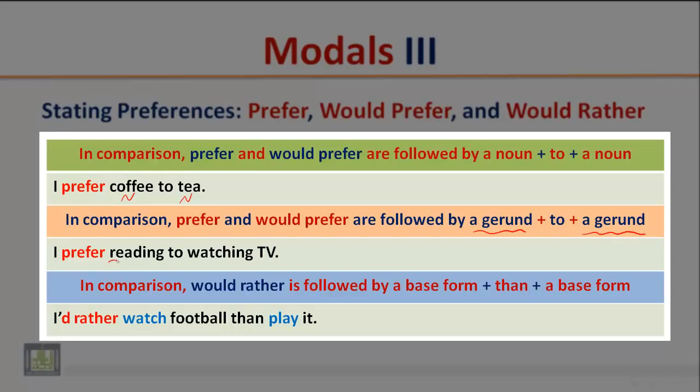I prefer reading to watching TV. Reading is a gerund and watching is also a gerund. Would rather is followed by a base form plus than plus a base form. I'd rather watch football than play it.